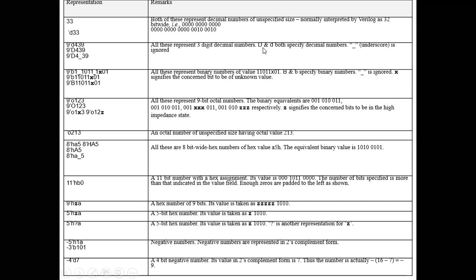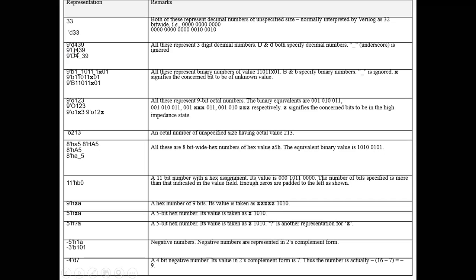And here you can see capital D and small d specify the same decimal numbers. Underscore is ignored in between. You see here, my number is 439. For writing this 439, I require 9 bits. That thing I am mentioning here, 9, and it is of decimal format, 439.